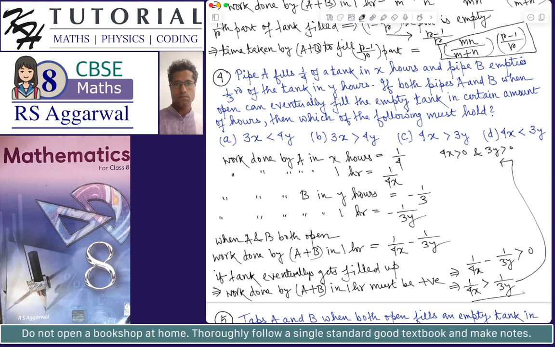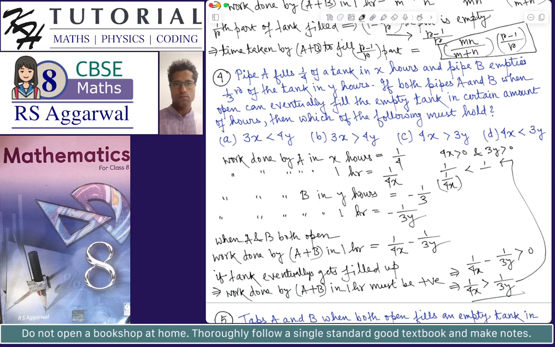So if 4x is greater than 0 and 3y is greater than 0, and we have 1 by 4x greater than 1 by 3y, then we can say that the reciprocal of 1 by 4x must be less than the reciprocal of 1 by 3y.